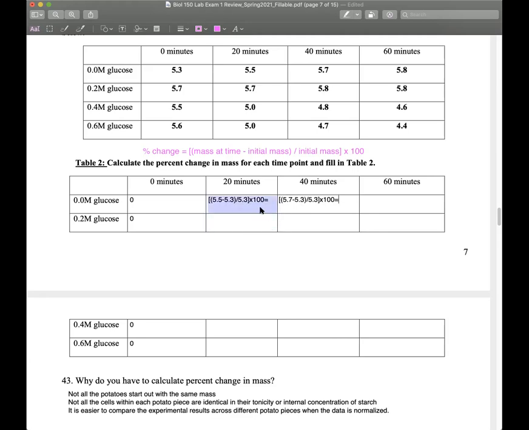It is a little bit tedious to have to do these calculations for each box in the table. But again, once you know your formula and how to use it, it's just a matter of making sure you're entering it into the calculator correctly to get the right answer. And that's actually another good reason why we ask you sometimes in these lab exam questions to write out the formula you're using.